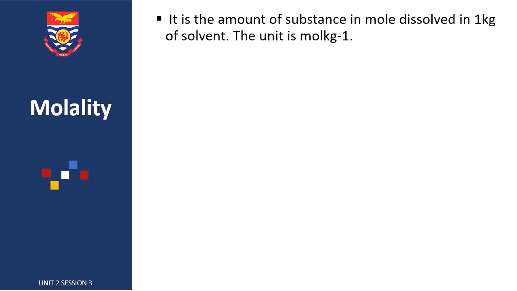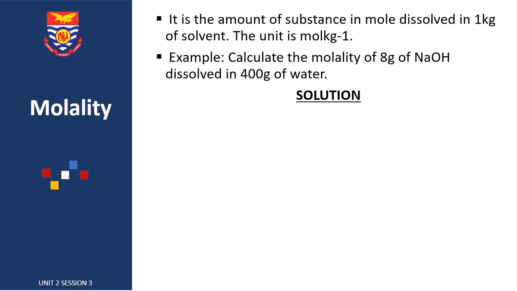So in other words, we are weighing the solvent rather than measuring the volume, or we are talking about the mass of the solvent rather than the volume of the solvent. And from the unit we have there, which is mole per kilogram, it means we are going to divide the amount of substance by the mass of the solvent.